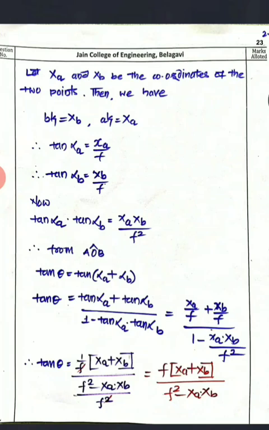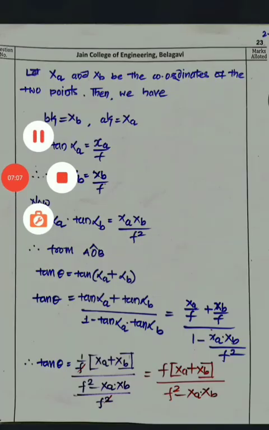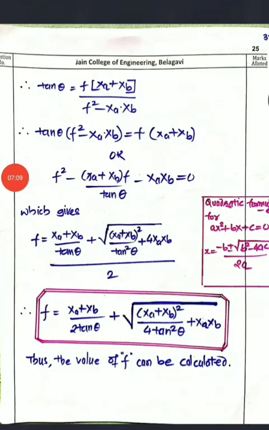Now you can take that f here, then f into xa plus xb divided by f square minus xa xb. Now from that last page, tan theta is equal to f into xa plus xb divided by f square minus xa into xb.